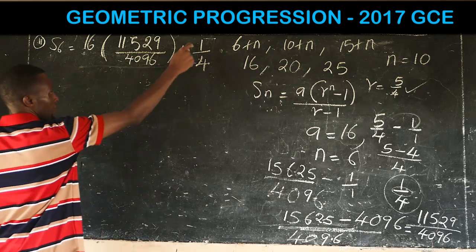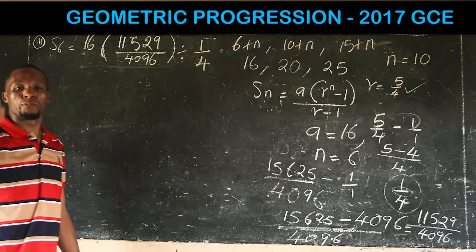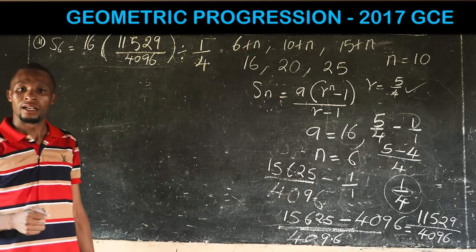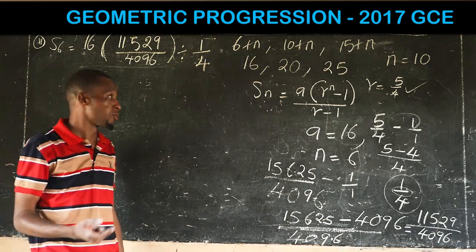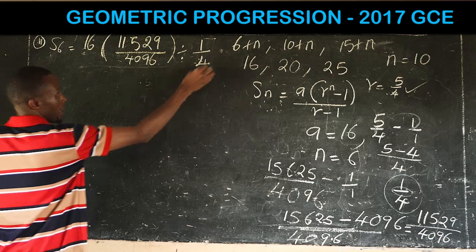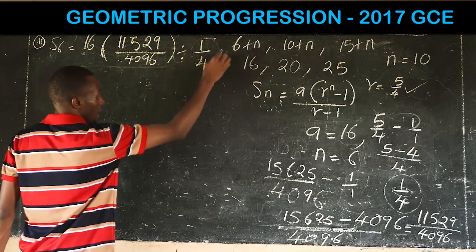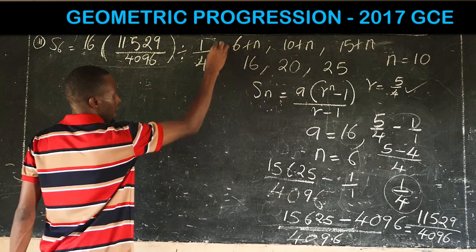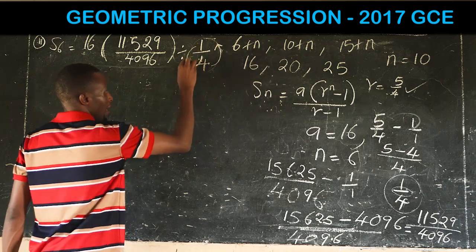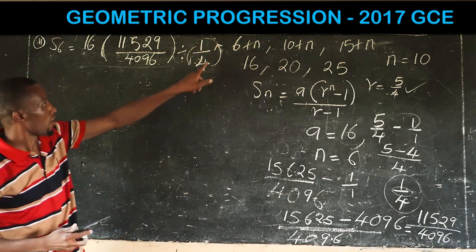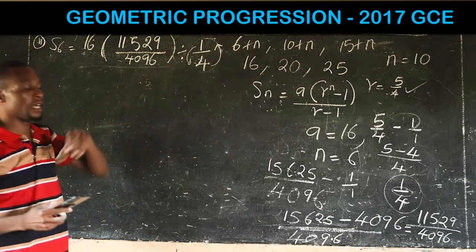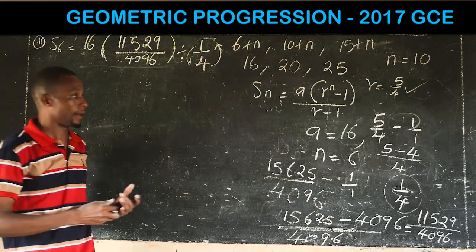Since we have a division here, we have a privilege of introducing multiplication where there's division. How are we going to introduce multiplication? When we take the inverse of the term which comes after division, the 4 goes up, 1 comes down, then this division will change into multiplication.